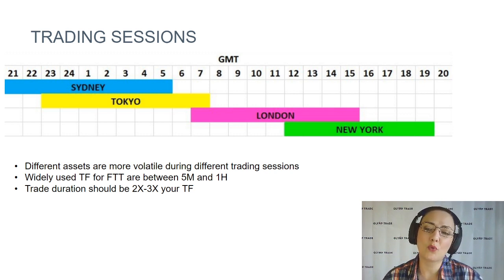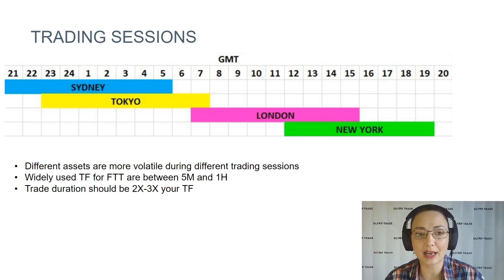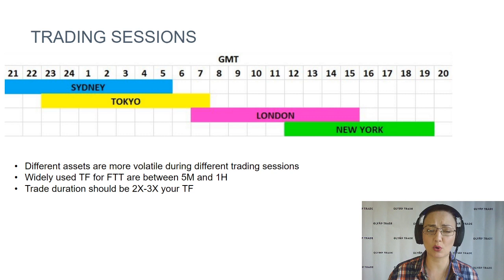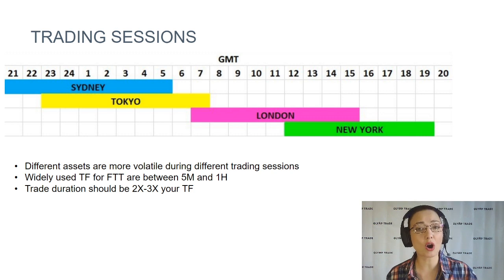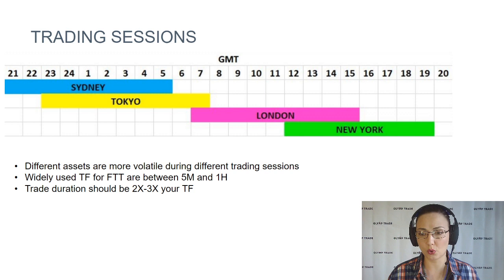Once again, for fixed time trading, FTT, the widely used time frames are between 5 minutes and 1 hour. Of course, you can use a higher time frame, like a 4-hour time frame, but normally and widely used time frames are 5 minutes to 1 hour. There are some people who trade with a 1 minute time frame, and that's also okay.